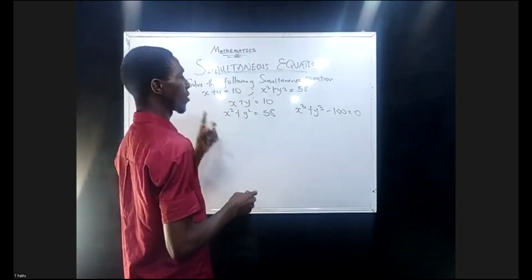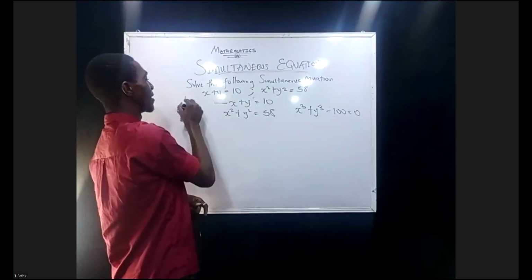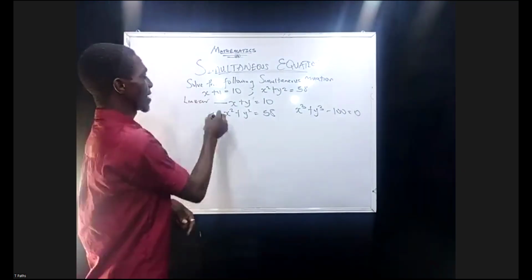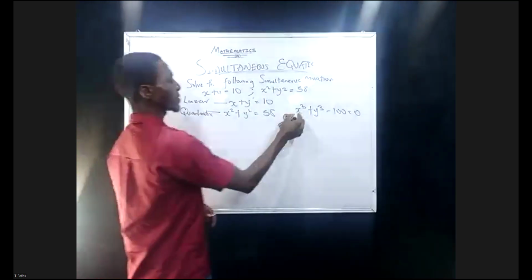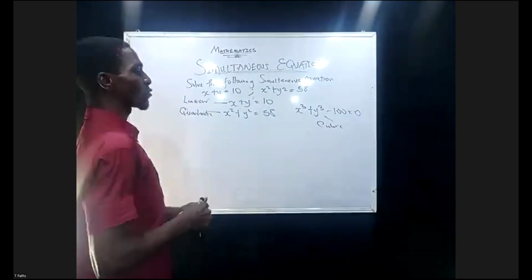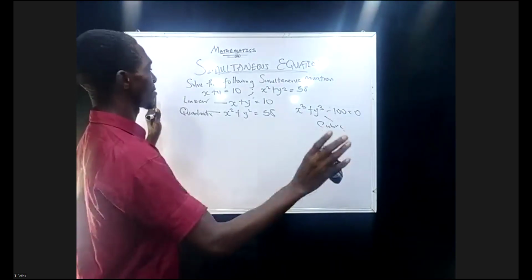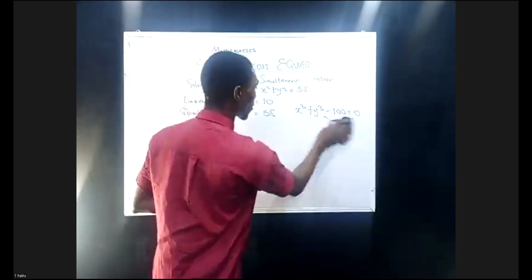Take note of the difference in the types of equation we have on the board. Here is a linear equation, here is a quadratic, and this one here is called the cubic. We also have other types of equations, but for this class, let's limit our scope to what? First, second, and third degree of our equation.